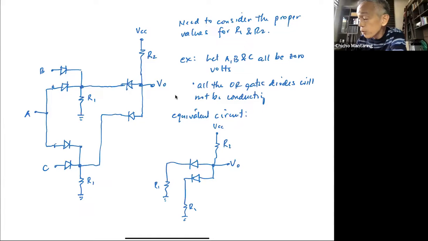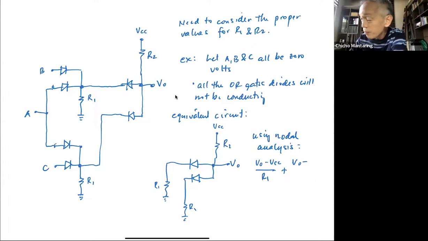So using nodal analysis, V sub O minus VCC over R1, that's this current, the current flowing up here, plus V sub O minus 0.7, so let's say this is silicon. So if this is silicon, first of all, we can see that this diode should be conducting.